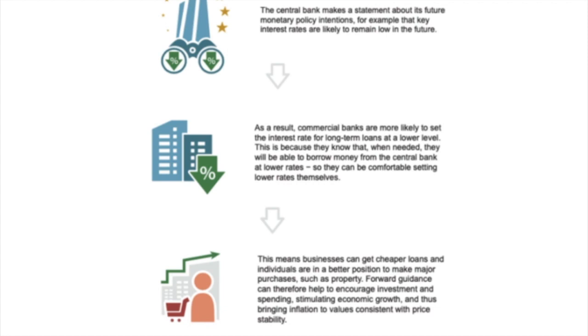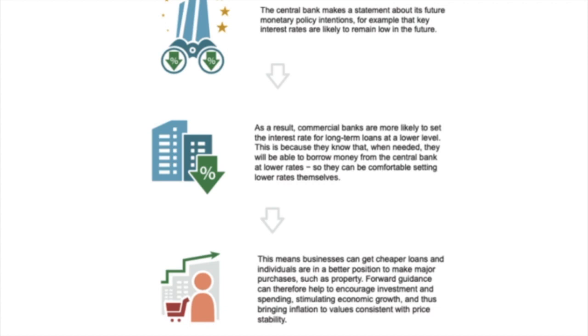Now, this diagram was published by the European Central Bank just to give a bit of a guide about forward guidance. So these are some examples. The central bank makes a statement about its future monetary policy intentions, for example, keeping interest rates low.